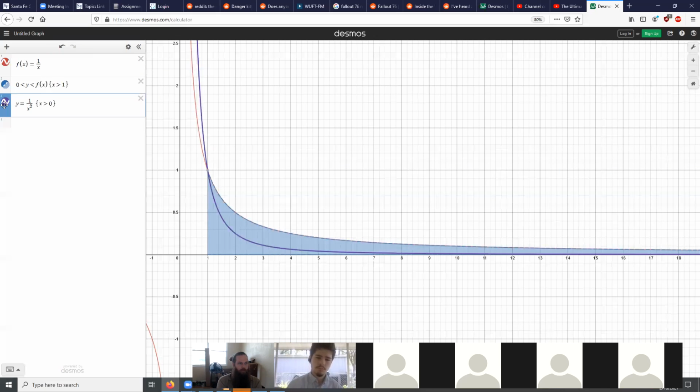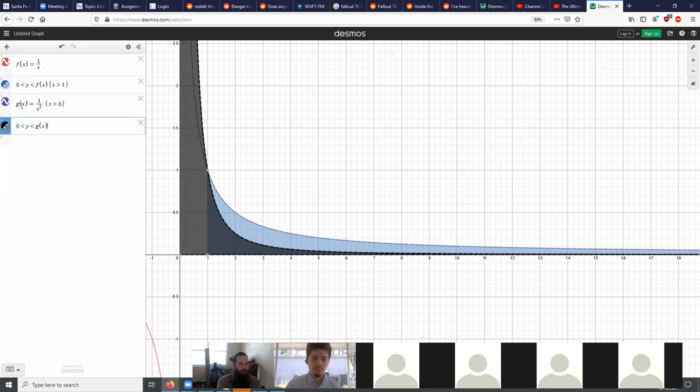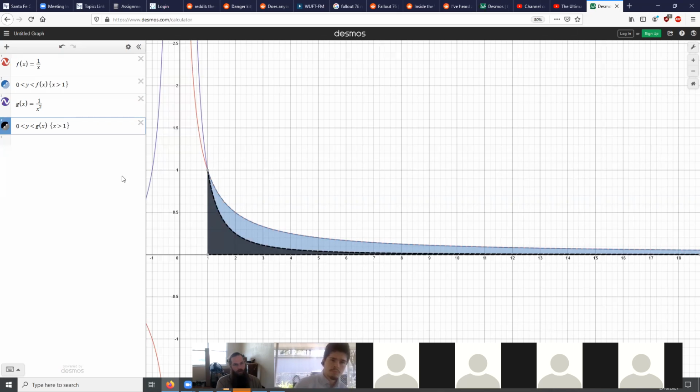So the purple function here sits underneath the blue function, so the black area is smaller than the blue area.